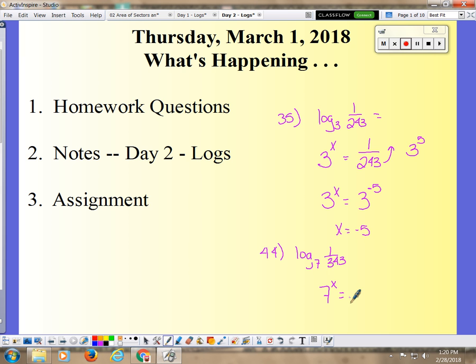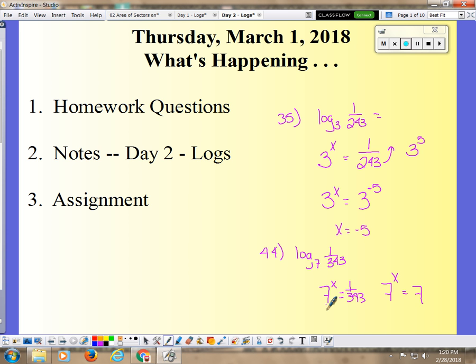Can I get 1 over 343 to have a base of 7? That's my goal. Can I get 7 to the x power to equal the base of 7 to some other exponent? Well, I looked at it and I have a 7 here in my base, right here. This is a base of 7.